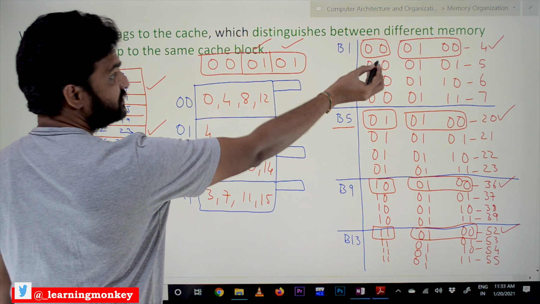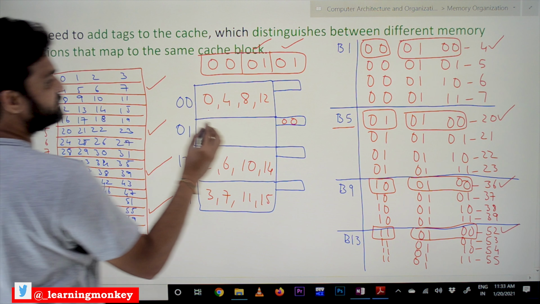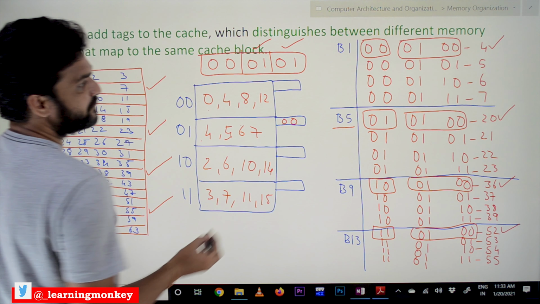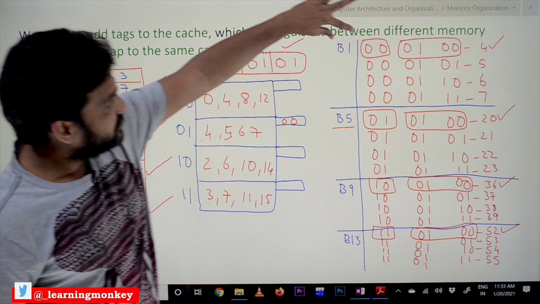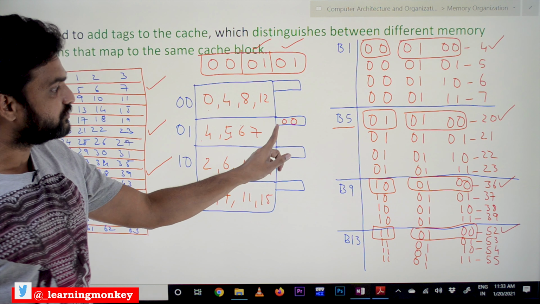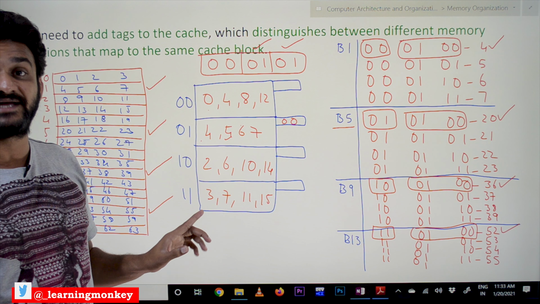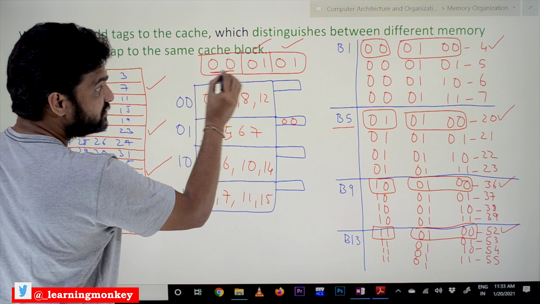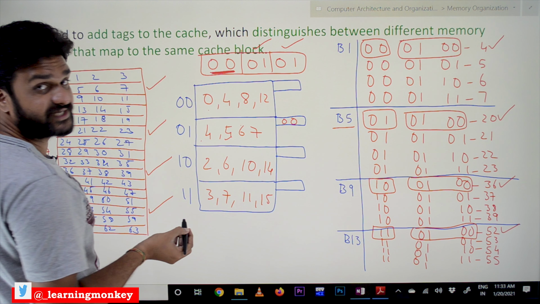Block 1 means 4, 5, 6, 7. For all the values in block 1 it is going to have 0 0. So 0 0 is representing that block 1 is there. This is what the tag number is representing.